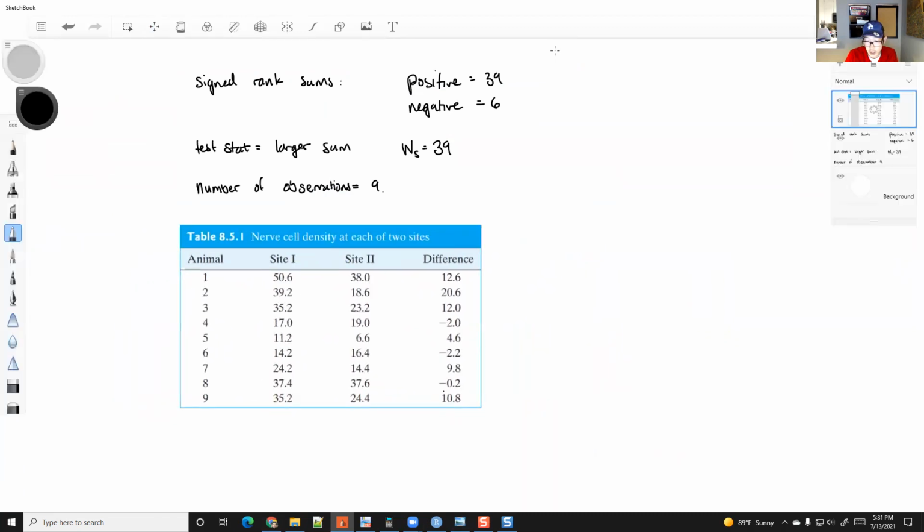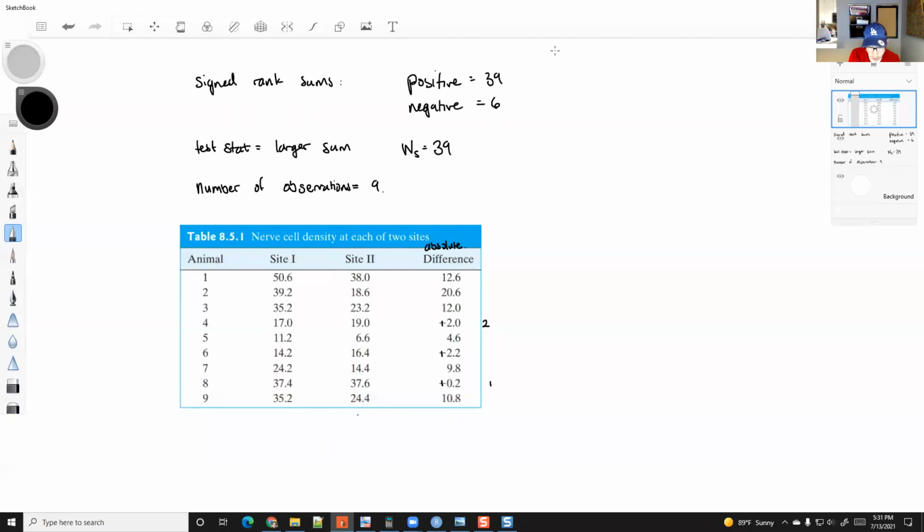Basically we're just going to ignore the signs, so we take the absolute values and make all of these positive. So here are the absolute differences. And I ask, what's the smallest value? So if I'm ranking these, this one's the smallest. And then what's the next smallest?